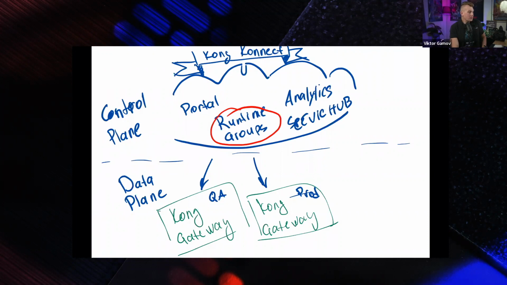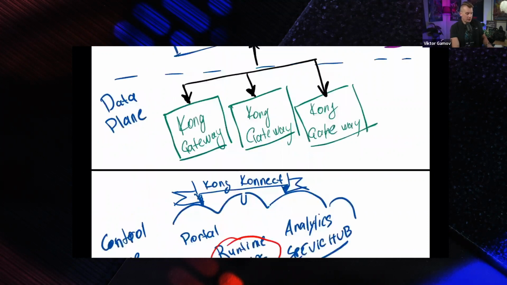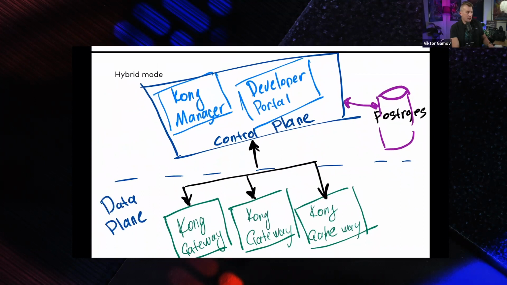Yes, John Williams is asking a fantastic question. When we're running this in hybrid mode, how can we manage multiple environments? So in this particular case, you need to replicate the deployment, maybe at a smaller scale, but still you need to replicate the deployment across multiple different environments. So for QA, you will have your own installation of the control plane.